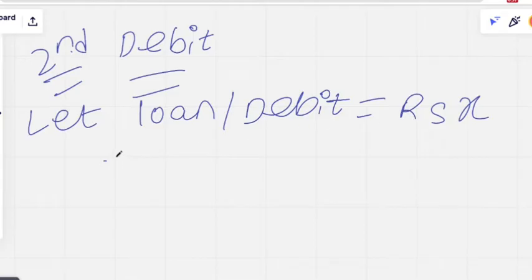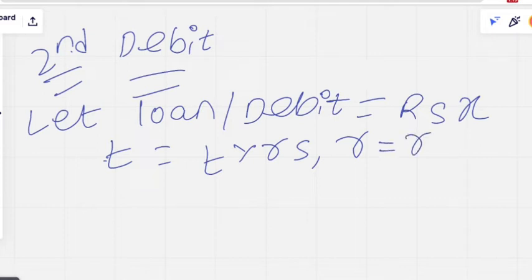The time period for which the debit is taken is t years. The rate of interest at which this loan has been taken is r% per annum. Do follow this simple trick.